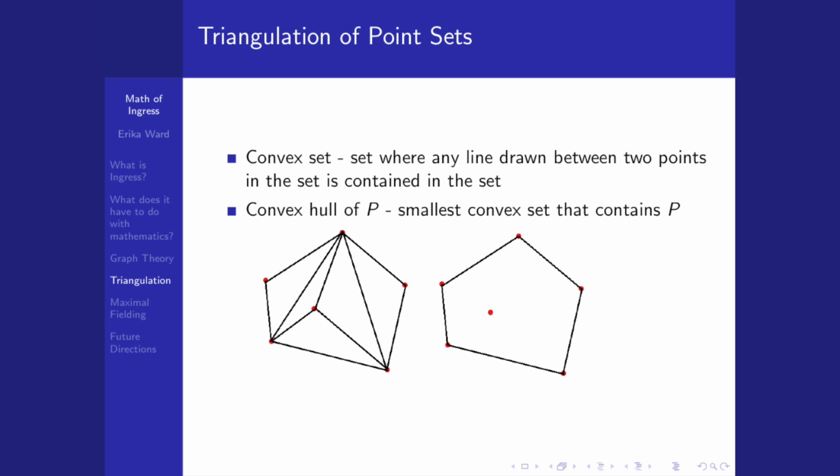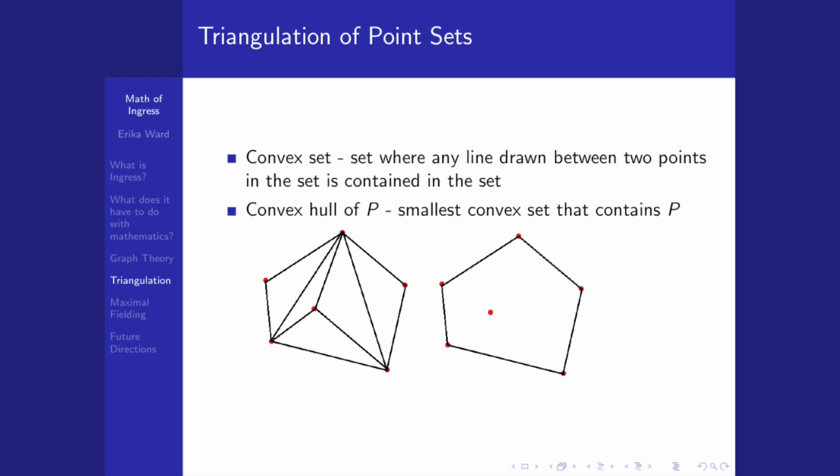That would be okay. How about a Pac-Man face? No. You could put one above the mouth and one below the mouth and the line would leave. So for our purposes, being convex means any angles you have need to point outward. So this irregular pentagon over here is convex.